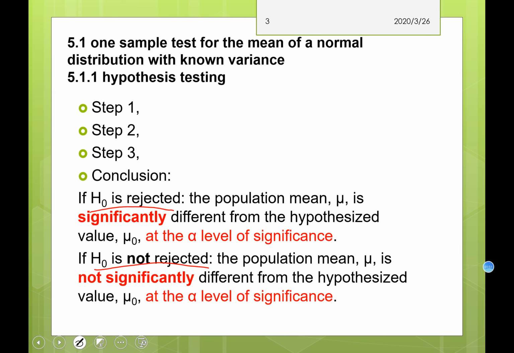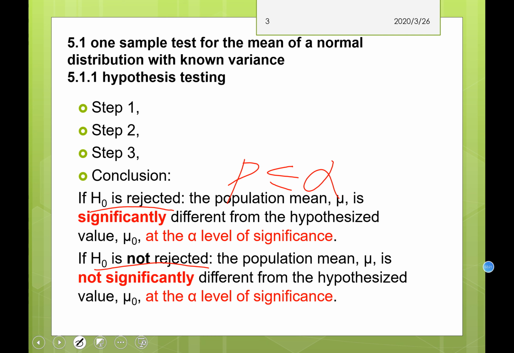So we have mentioned, when can we reject H0? Do you remember that? Yes, when P is less than or equal to alpha. At this time, we reject H0.